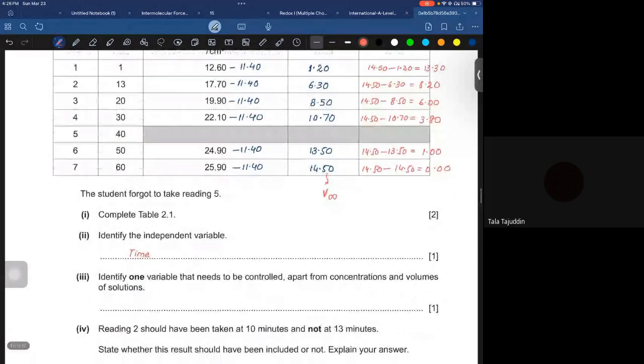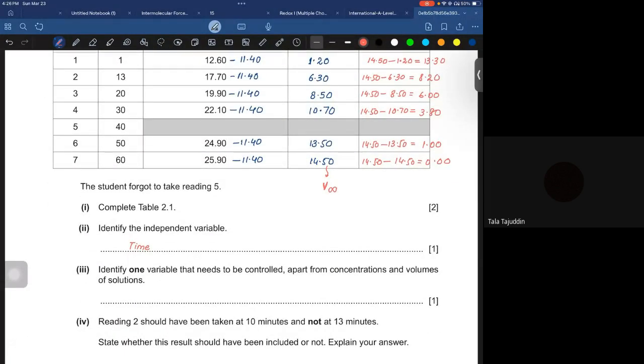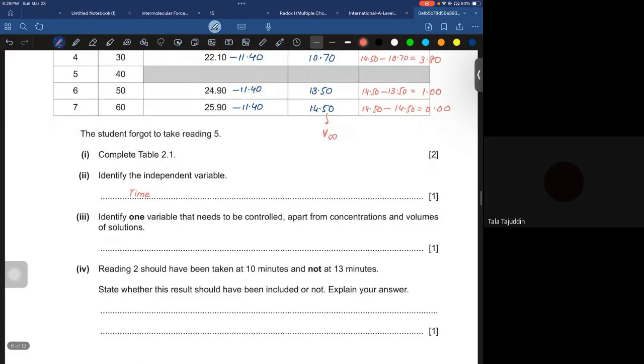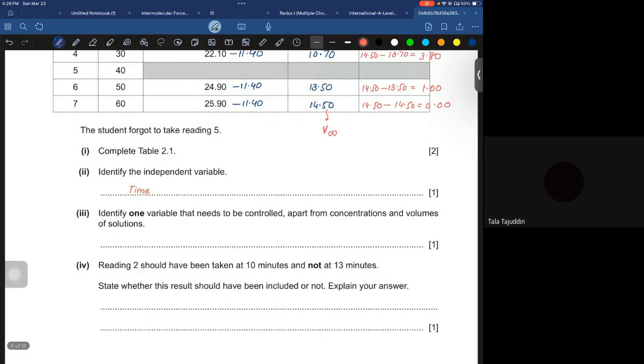Okay. Identify one variable that needs to be controlled apart from concentrations and volumes of solutions. Since we are doing the titration, we generally control concentration and volume, but they are asking for one other variable that needs to be controlled. That is temperature.